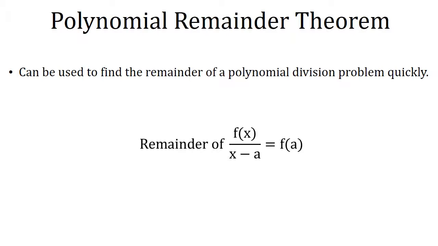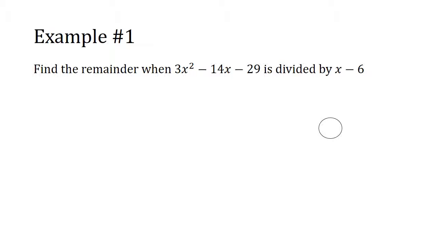So here's an example. Let's say we have: find the remainder when 3x squared minus 14x minus 29 is divided by x minus 6. Most of you would do that through synthetic division, and that would work fine. You would get the remainder of negative 5.